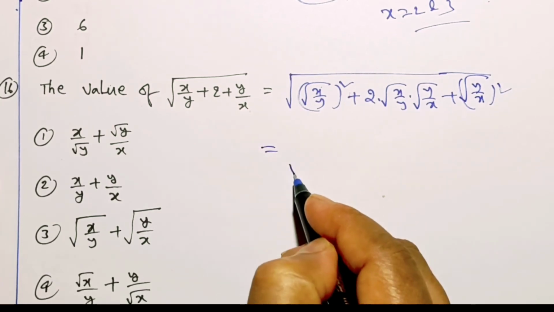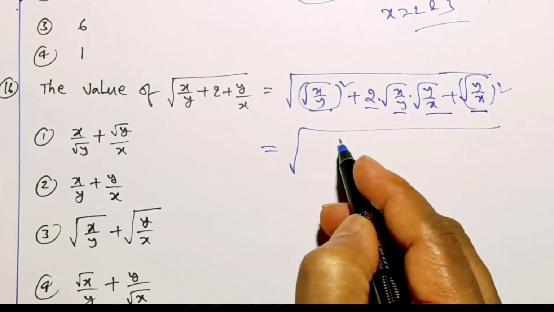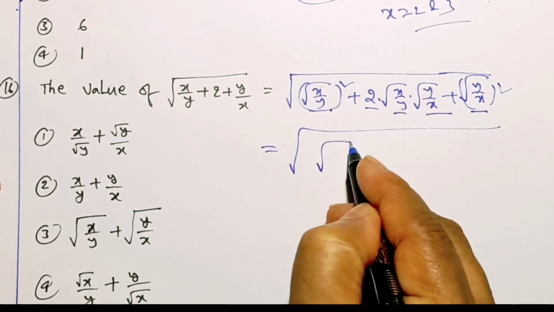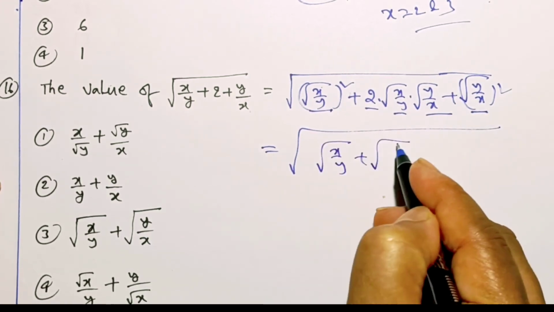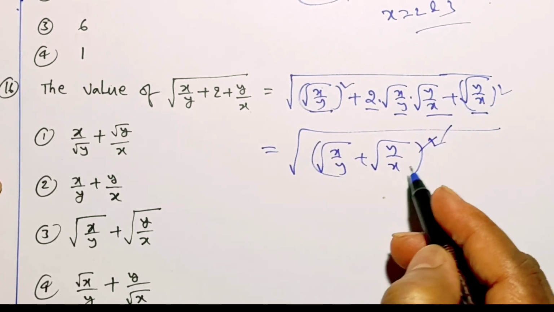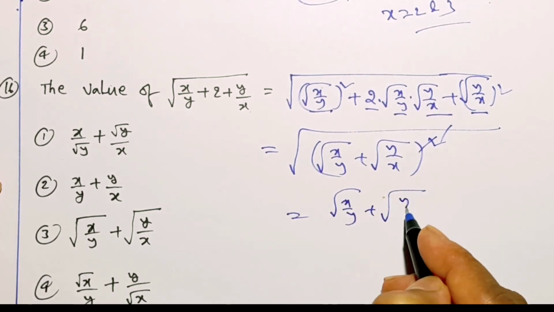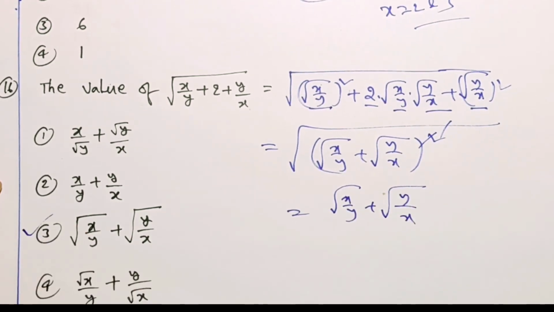This is a square plus 2ab plus b square, which is a plus b whole square: root x by y plus root y by x whole square. The square and root get cancelled, and we get root x by y plus root y by x. Option 3 is the right answer.